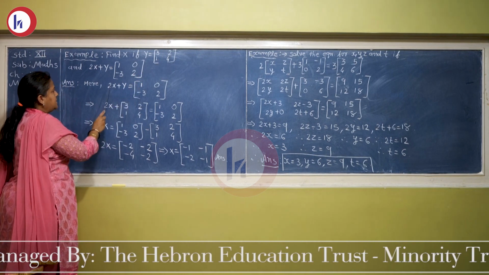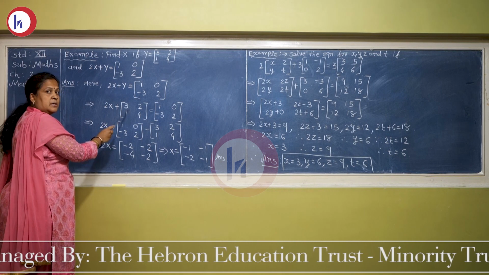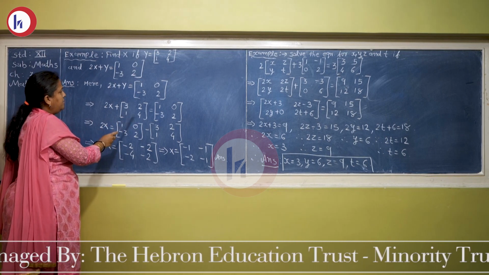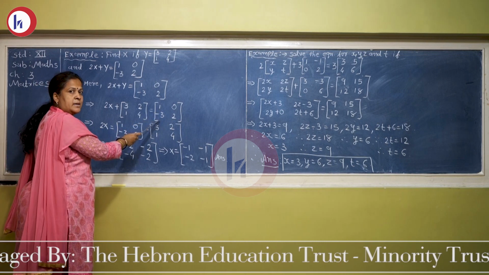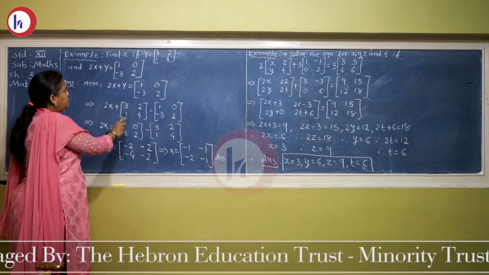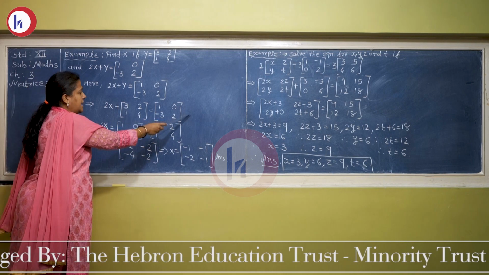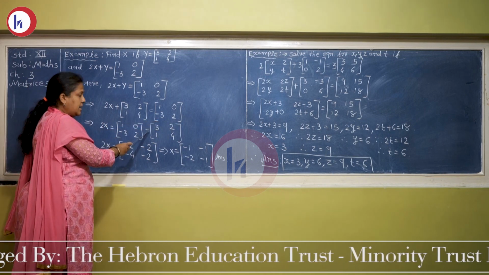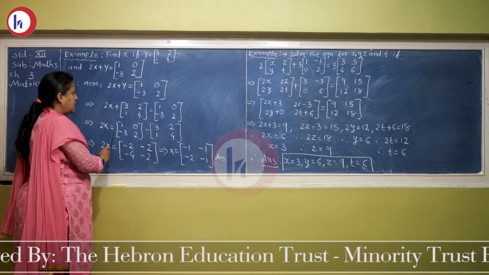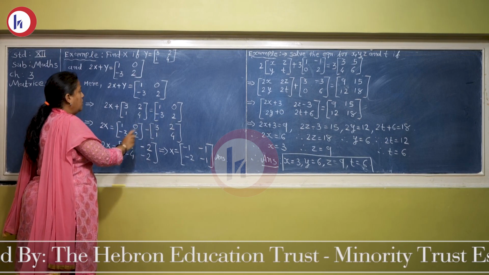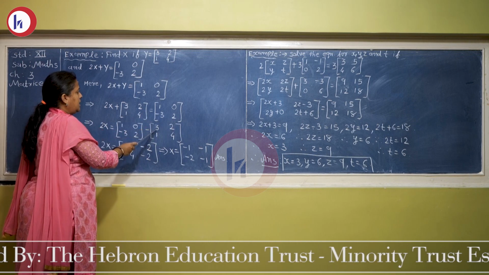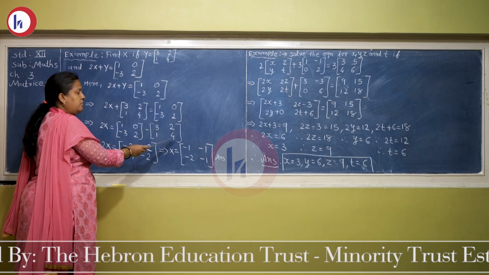So this implies 2x plus [3, 2; 1, 4] equals [1, 0; minus 3, 2]. Now this plus part moves to this side, so here it becomes minus, and that gives you 2x equals [1, 0; minus 3, 2] minus [3, 2; 1, 4].